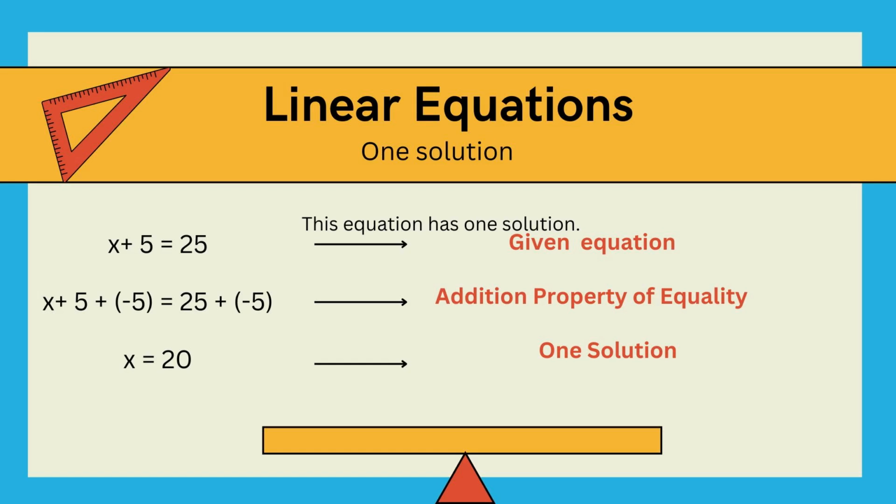X plus 5 plus negative 5 equals 25 plus negative 5. On the left side, we have x left, and on the right side, we have 25 plus negative 5, 20. This equation shows one solution, one value of x.